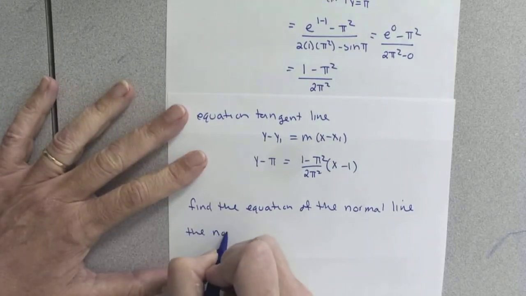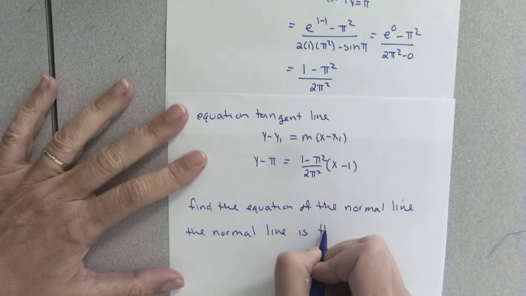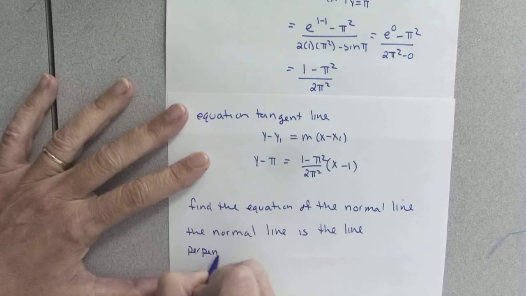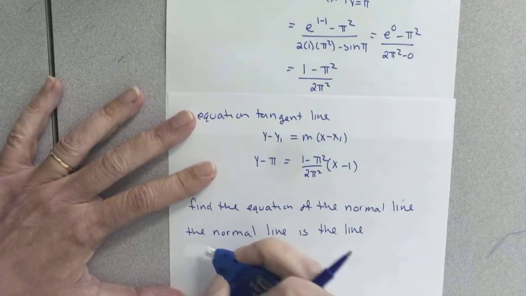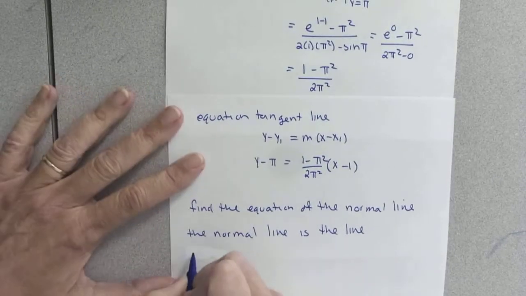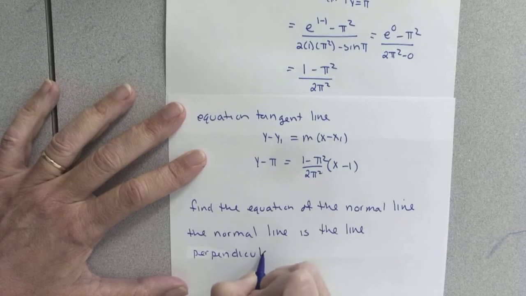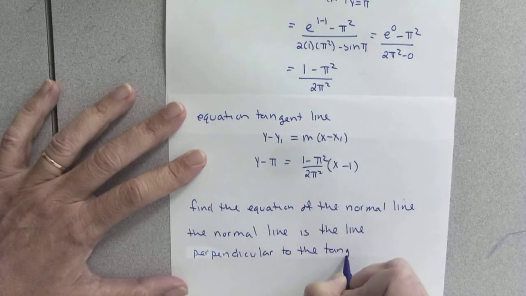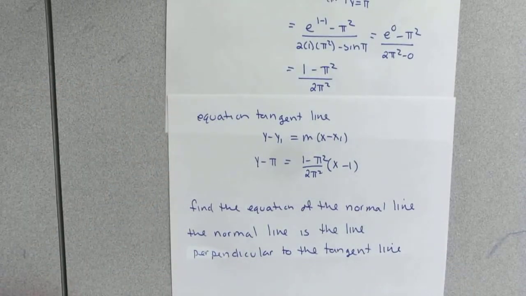The normal line is the line perpendicular to the tangent line. Normal is just another word that means perpendicular.